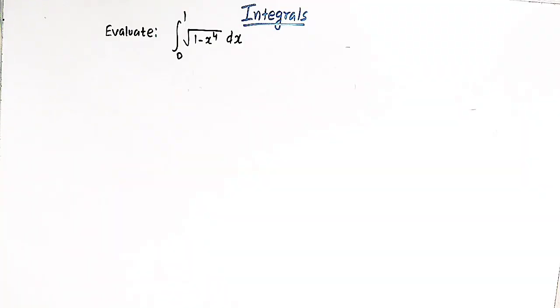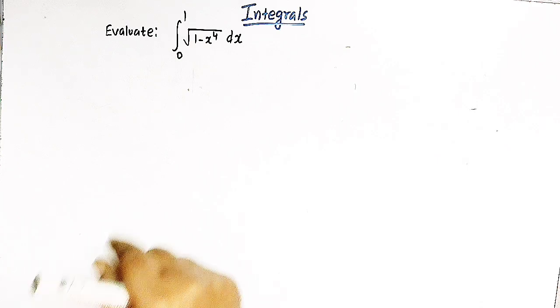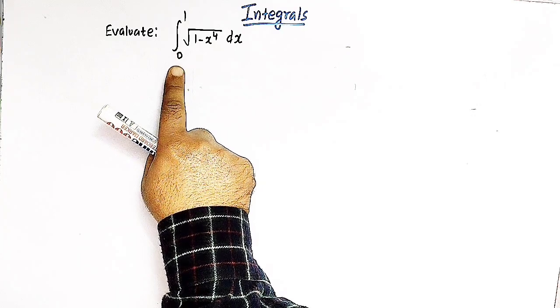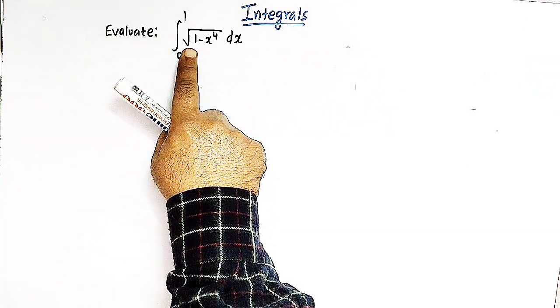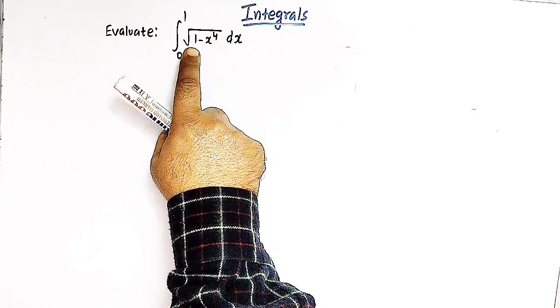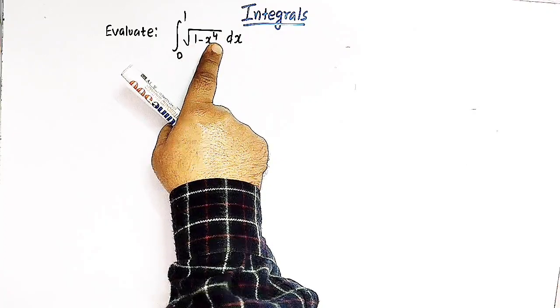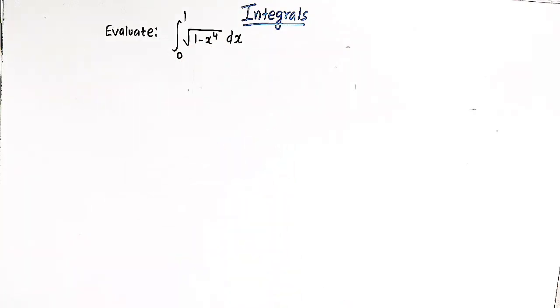Hello viewers, in today's session we are going to discuss another important application of beta and gamma functions to solve this given integral. So here we have to evaluate this definite integral from 0 to 1, and the integrand is square root of 1 minus x raised to 4, and here we have dx, right?